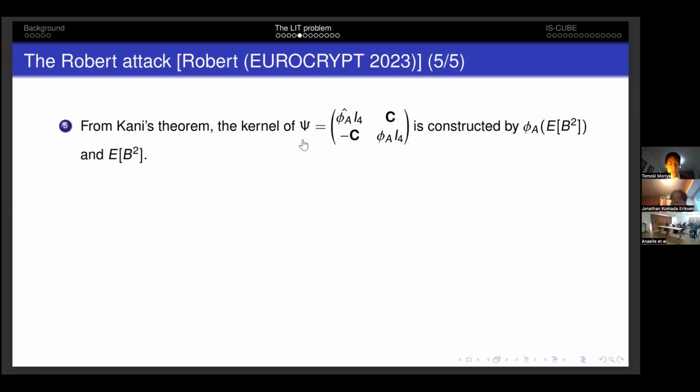So from the Kani theorem, we first have the isogeny of dimension 8 defined by this. And the kernel of this psi is constructed by using phi A, EB squared and EB squared.